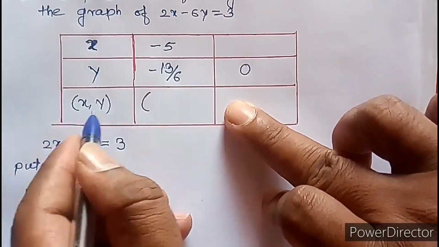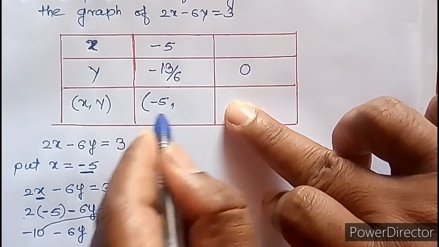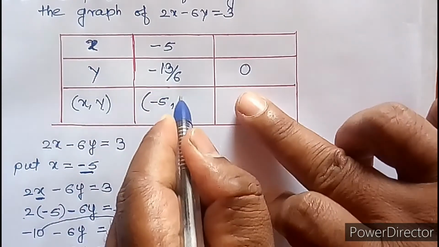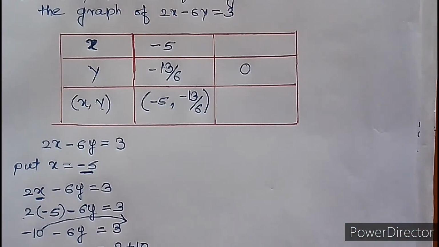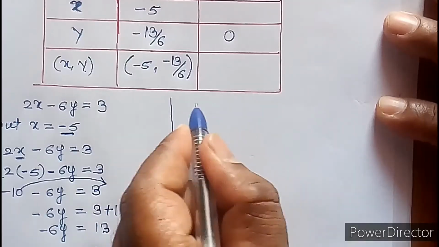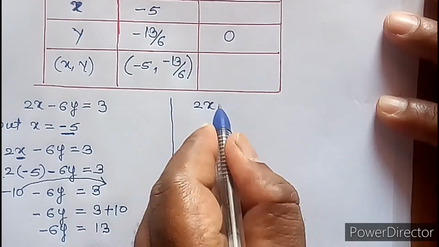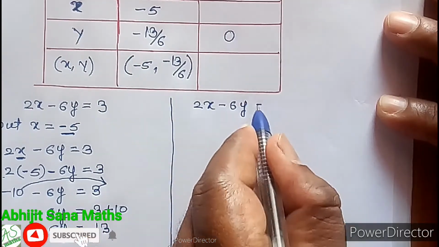When the value of x is minus 5, we write down here minus 13 by 6. When x is minus 5, we get the value of y as minus 13 by 6. This column is completed.